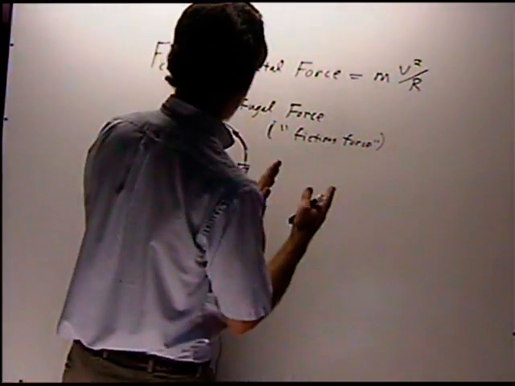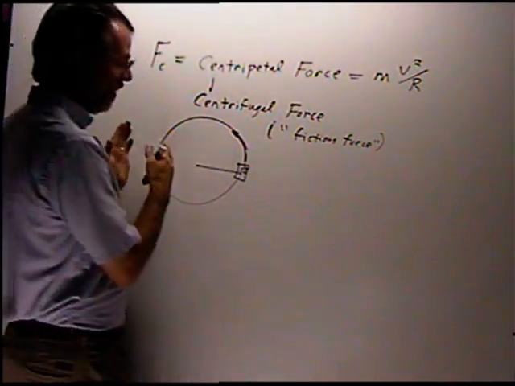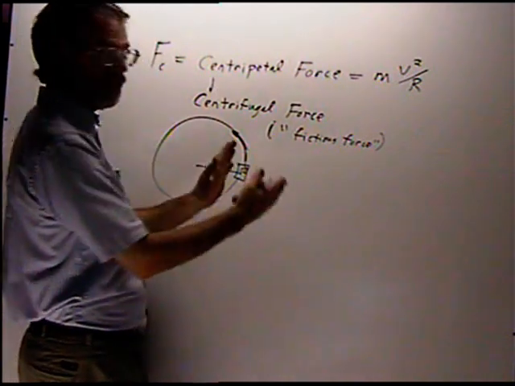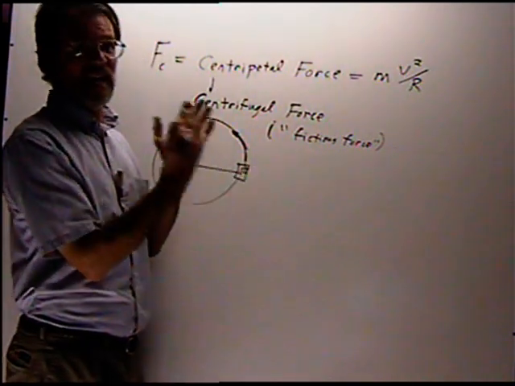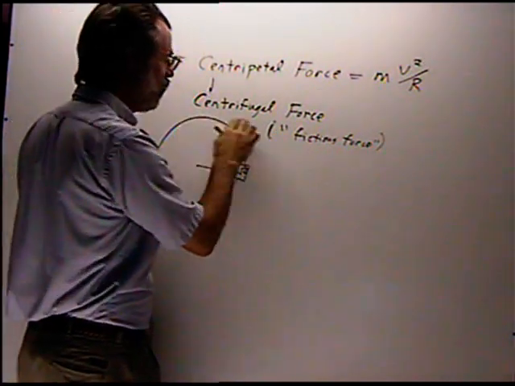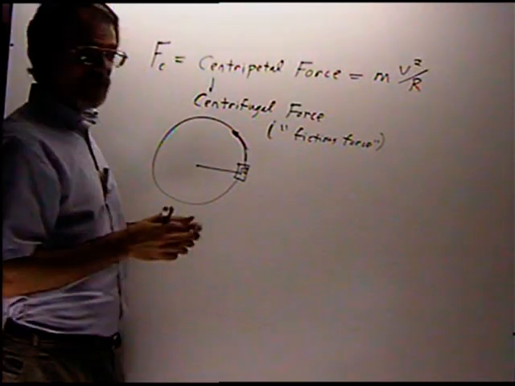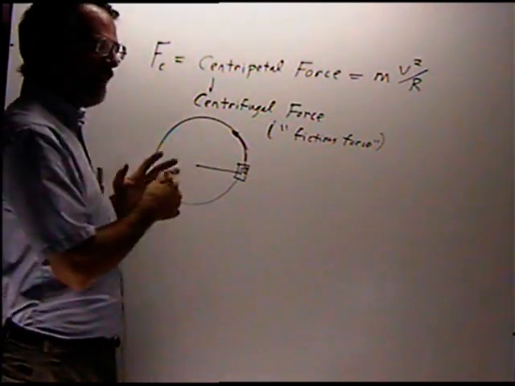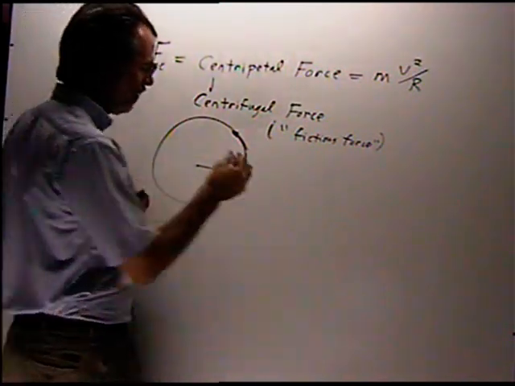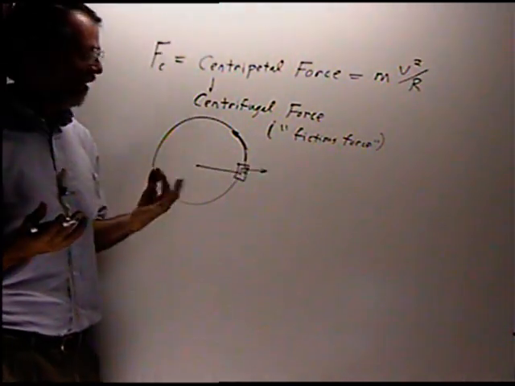You feel thrown to the side of the car, and you feel something that throws you to the side of the car. And people say that's the centrifugal force. Actually, what you feel is something that's pushing you out.